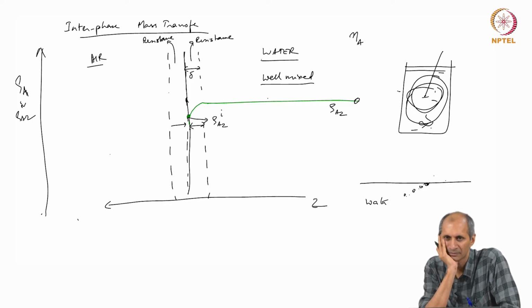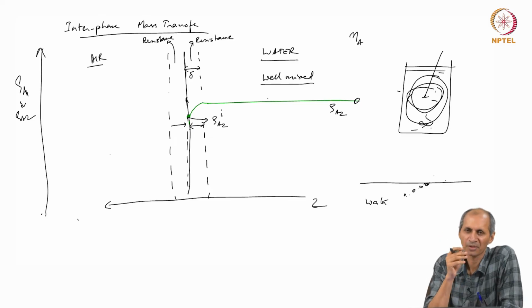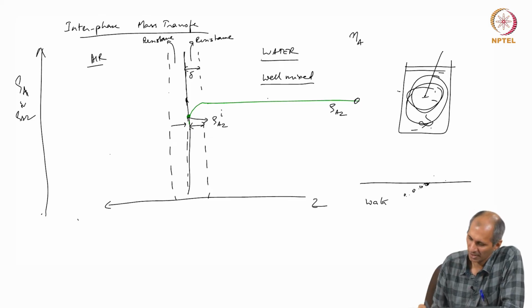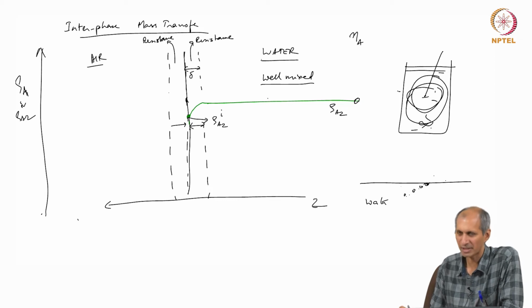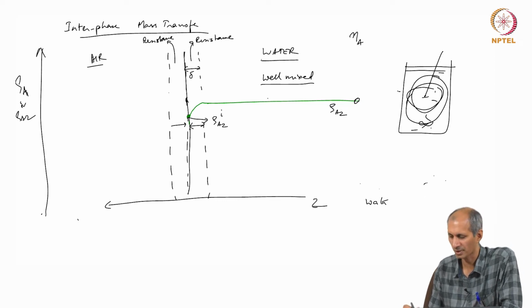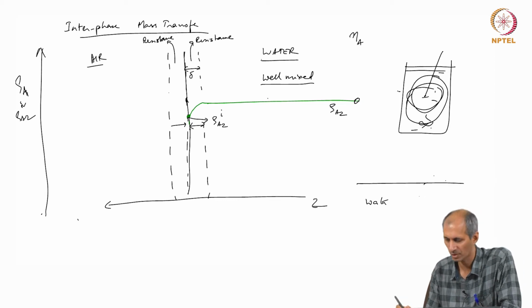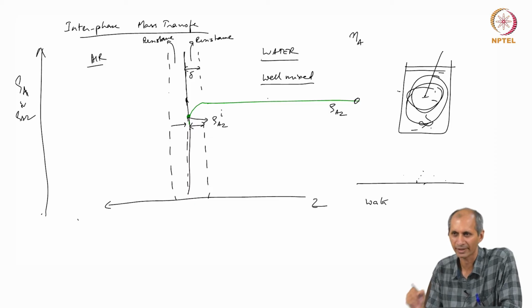Let me give you a very simple example. Forget about benzene and all that, I have water, everything is water. What is the concentration of water at the interface in the air?